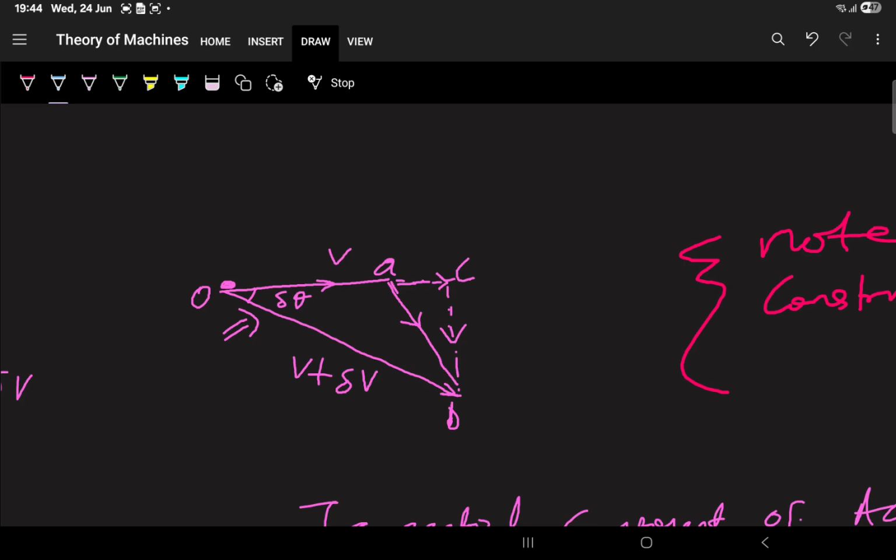Now coming over here, this point O is our reference.